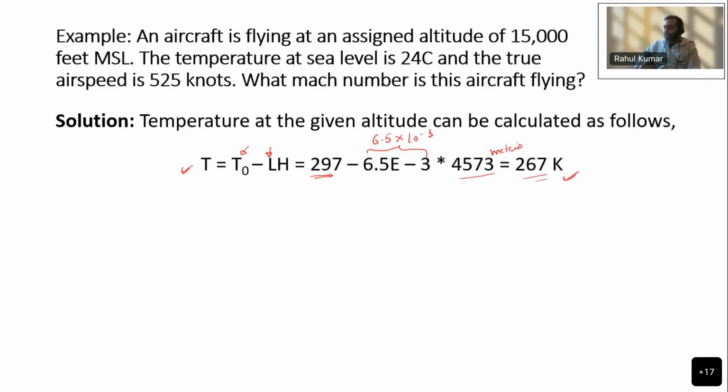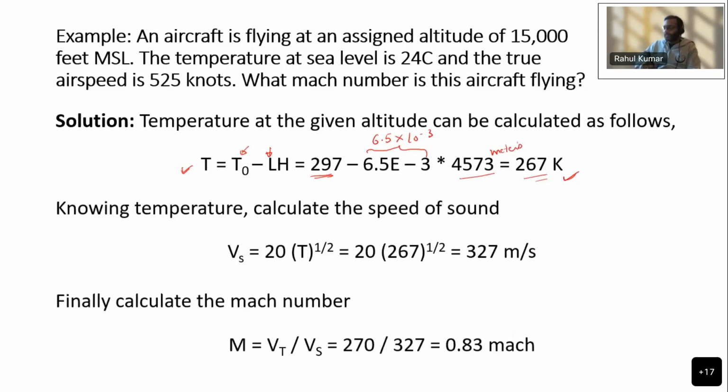Now using this temperature, we will calculate the speed of sound, Vs. It's quite simple and straightforward. The speed of sound at 15,000 feet comes out to be 327 meters per second. Then we can use this value to calculate the Mach number.